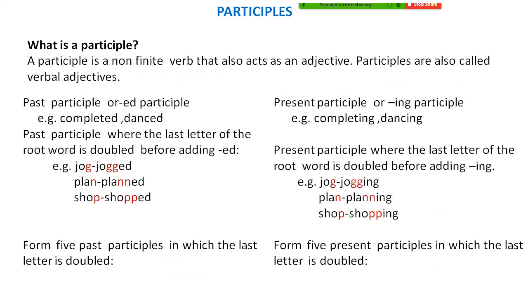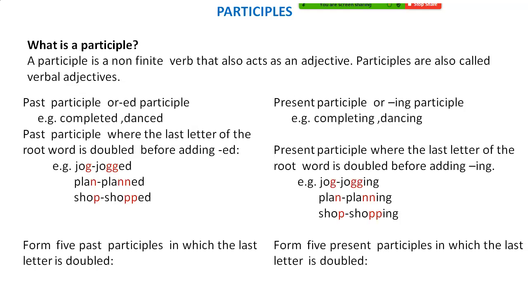The next topic that we have as part of word building is participles. Now, what is a participle? A participle is a non-finite verb. That is, it is not a tensed verb.